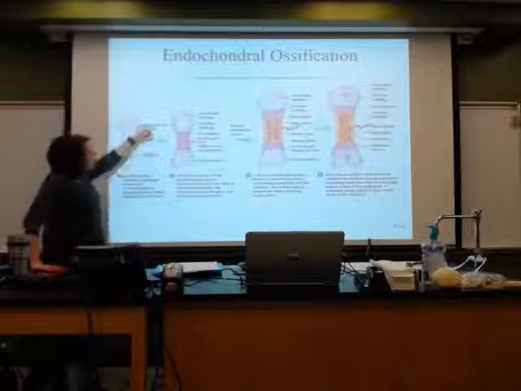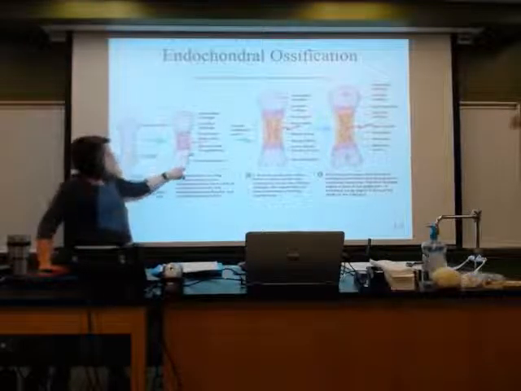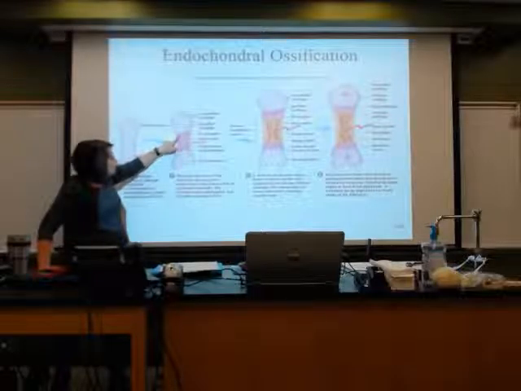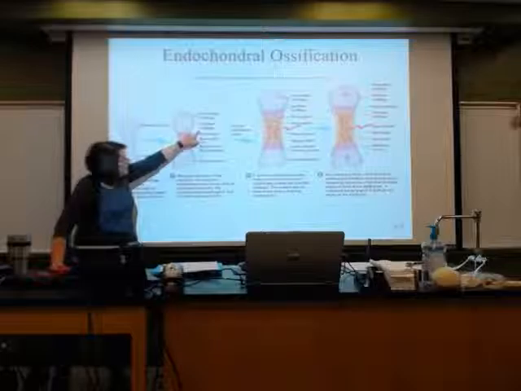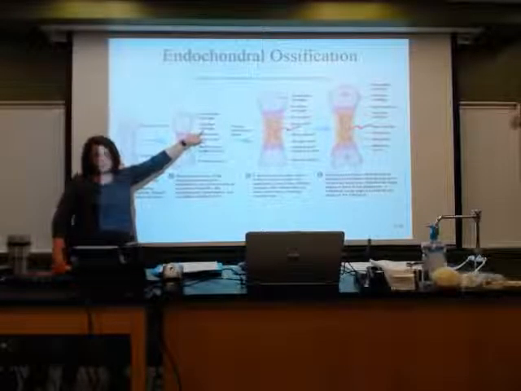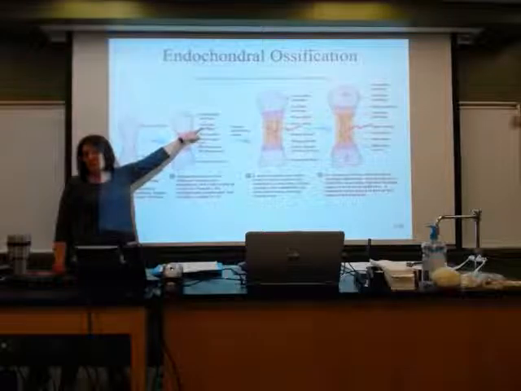Now, this is cartilage here, this is cartilage here. What has taken place at this area has now taken that cartilage and hardened it. So we now say calcified cartilage.